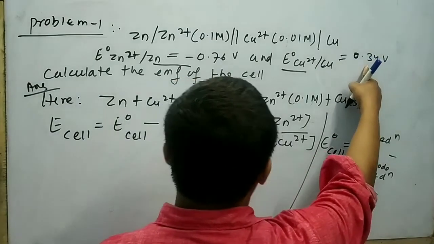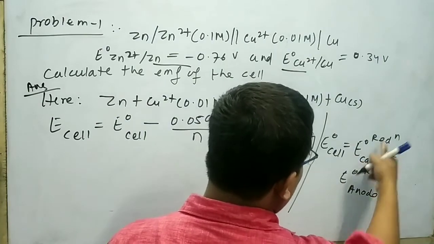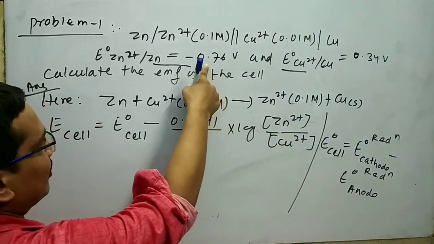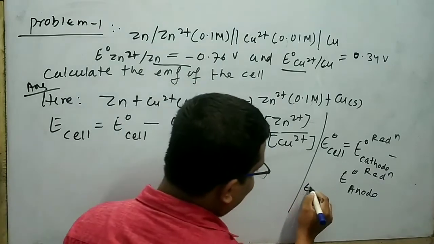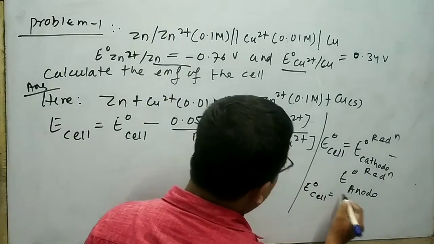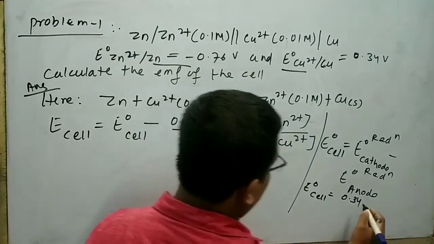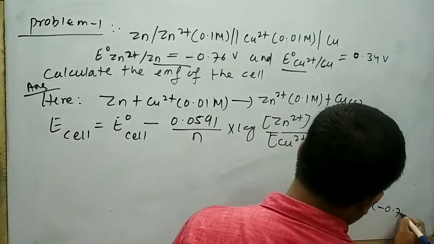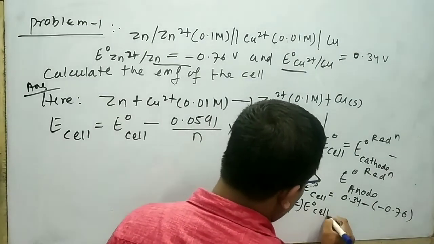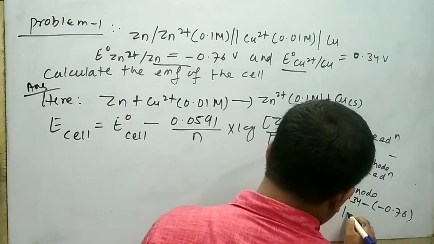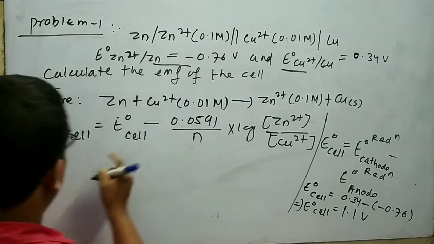This value is larger than this value, so this value is taken for E0 cathode reduction and this value is taken for E0 anode reduction. So I can write E0 cell equals 0.34 minus minus 0.76. That means E0 cell equals 1.1 volt.